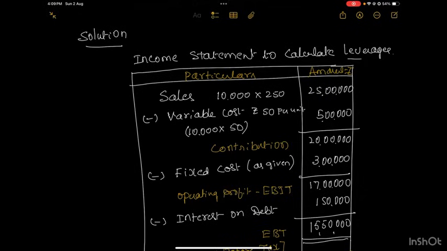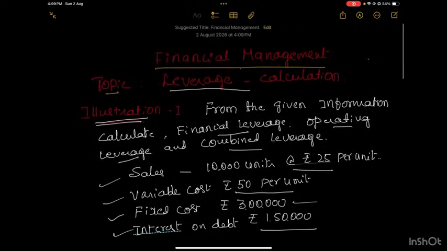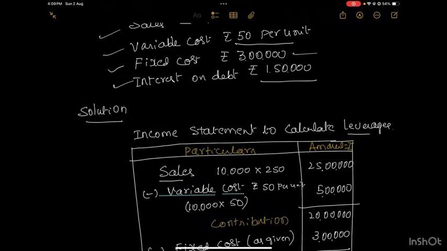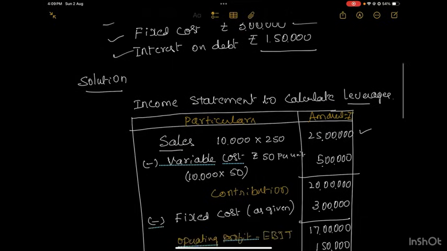Income statement to calculate leverages. First we have to take sales. 10,000 units sold at rupees 250 per unit. So 10,000 into 250, it becomes 25 lakhs. And minus variable cost, that is rupees 50 per unit.